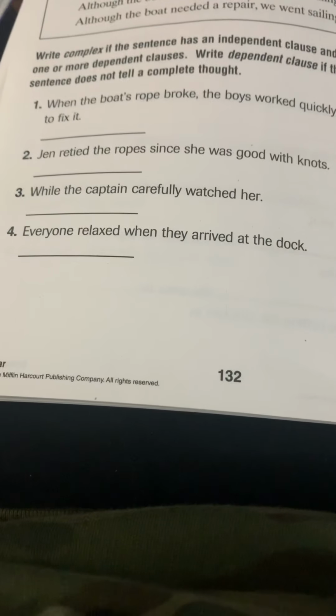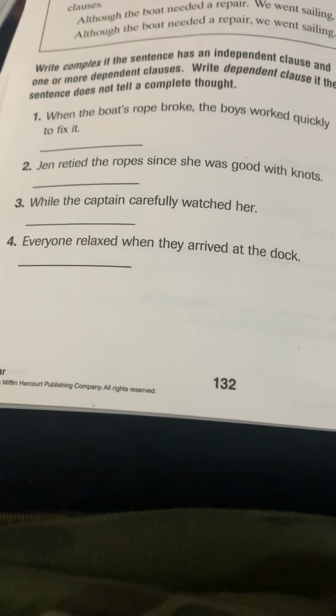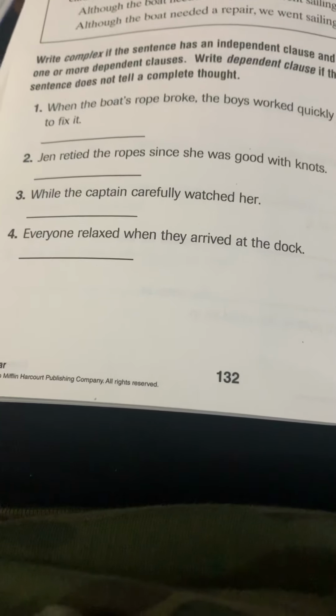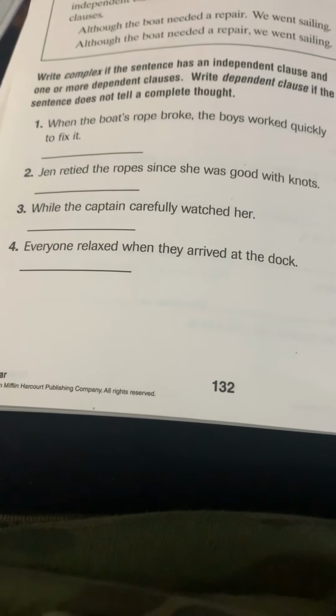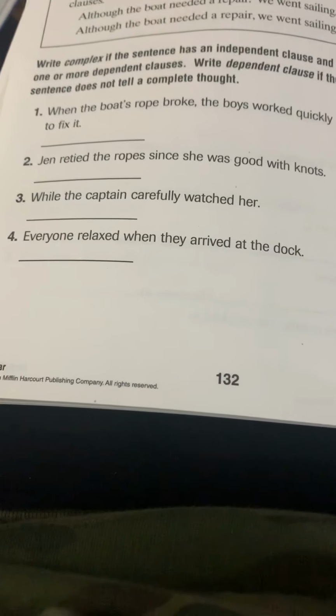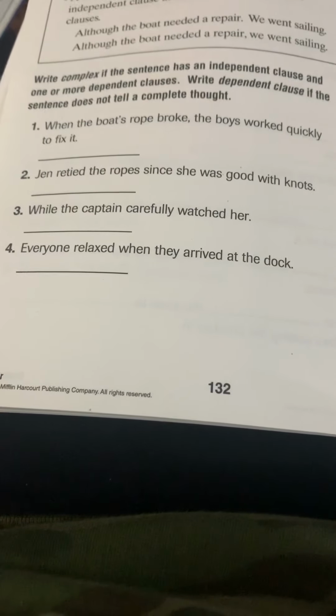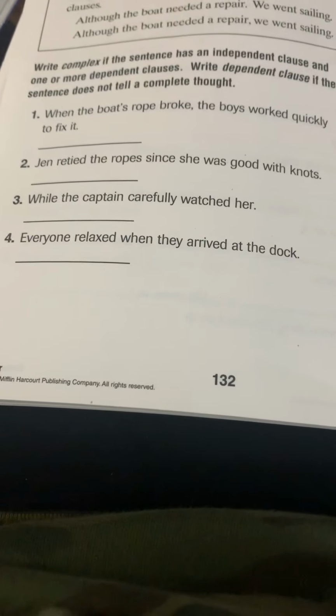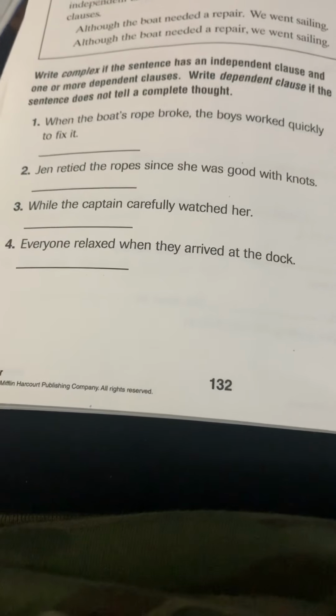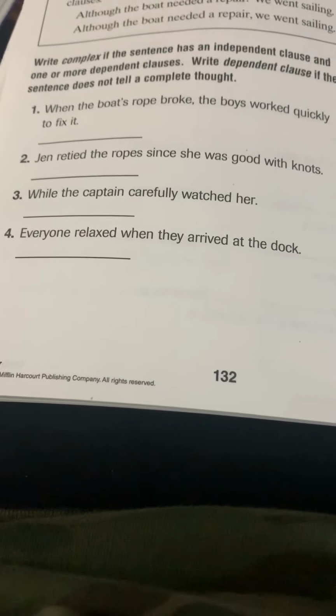For number 4, everyone relaxed when they arrived at the dock. Is that a sentence that has an independent clause and one or more dependent clauses?